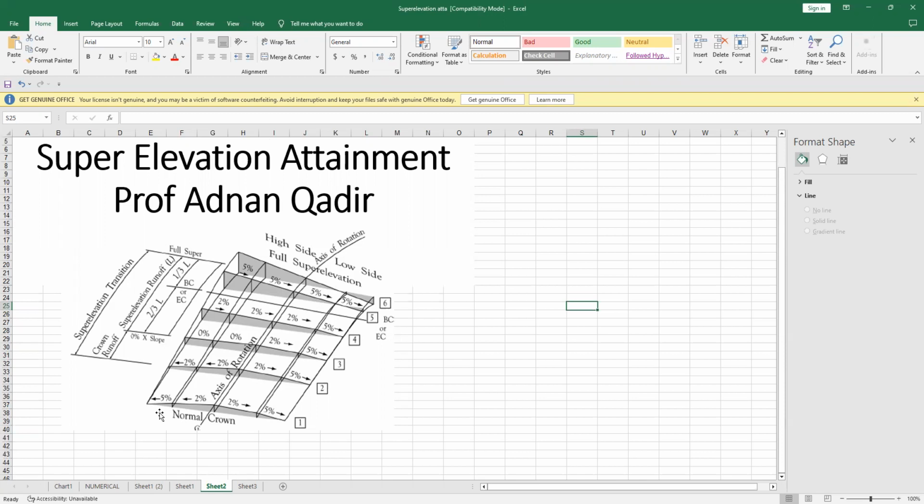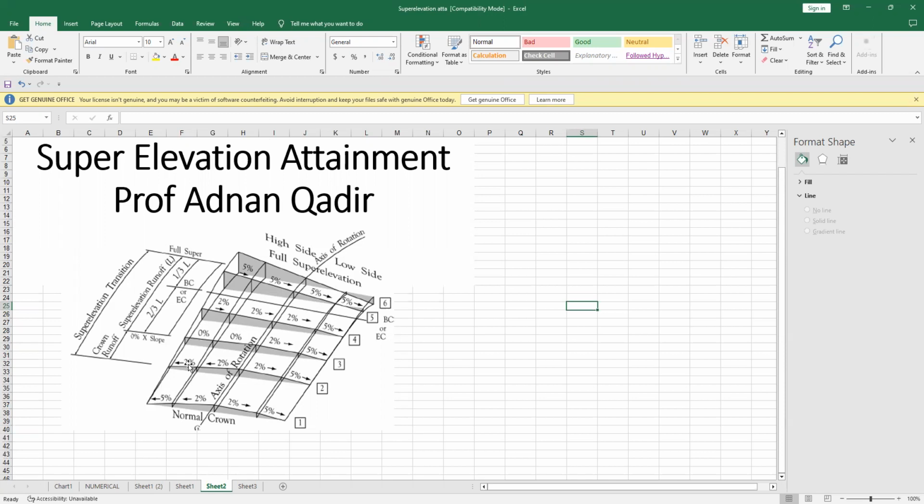Look at this diagram. Before the start of the curve, that is BC, we have the super elevation. Here, it was a normal crown of 2%.